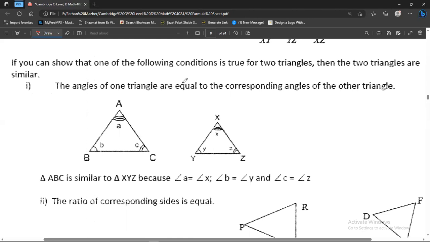The angles of one triangle are equal to the corresponding angles of the other triangle. Triangle ABC is similar to triangle XYZ because angle A is equal to angle X, angle B is equal to angle Y, and angle C is equal to angle Z.